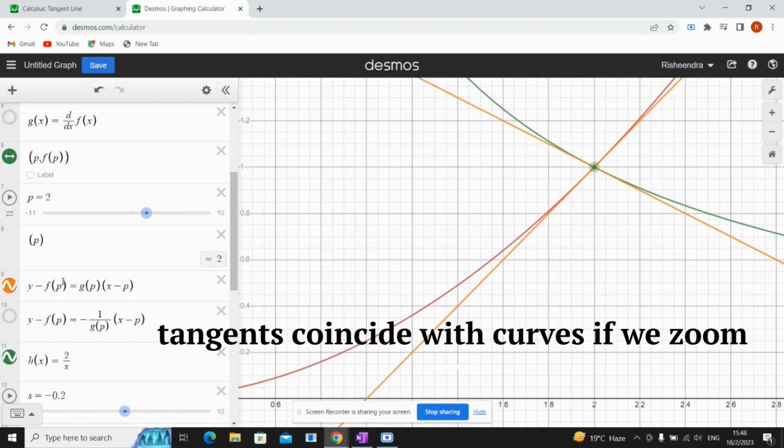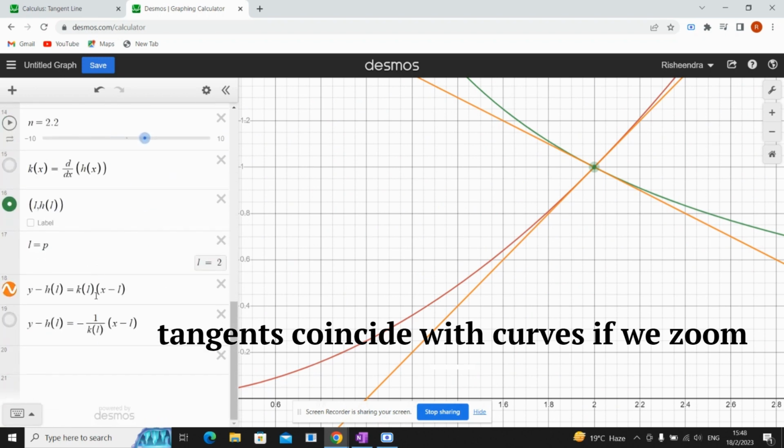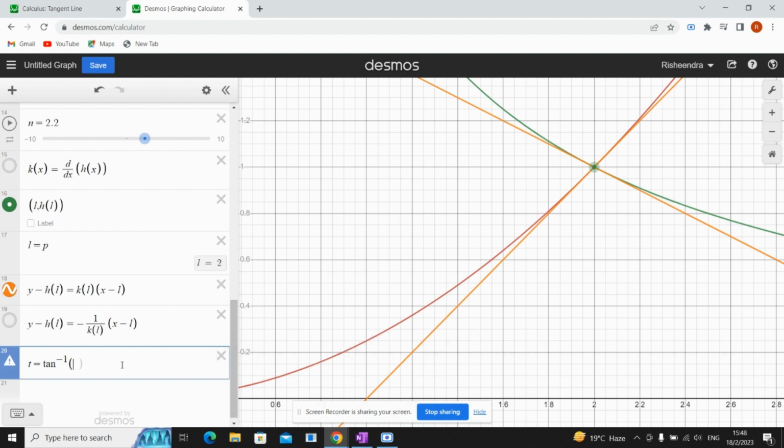We already know the slopes of these two lines, right? One is g of p and the other is k of l. So what is the formula? tan θ equals, so θ is tan inverse of (m1 − m2) over (1 + m1 m2), where m1 is g of x and m2 is k of x.